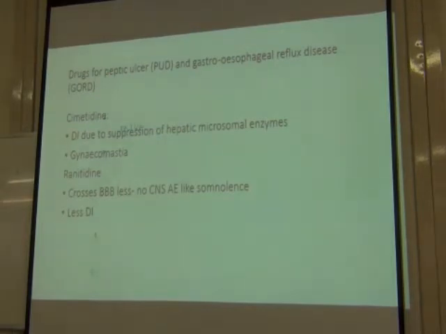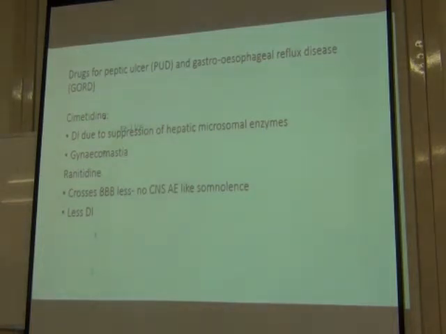It interacts a lot with other drugs because it has an effect on the liver enzymes, your hepatic microsomal enzymes. It inhibits them, so it interacts with a lot of drugs. So it is taken with caution when you need to use it with other drugs.